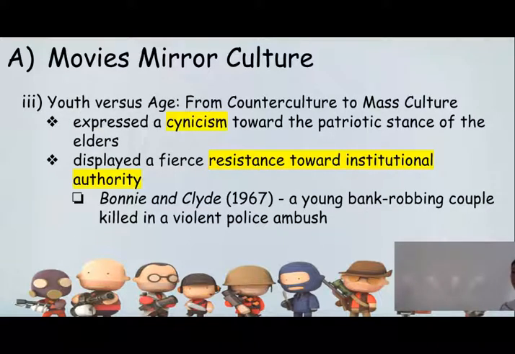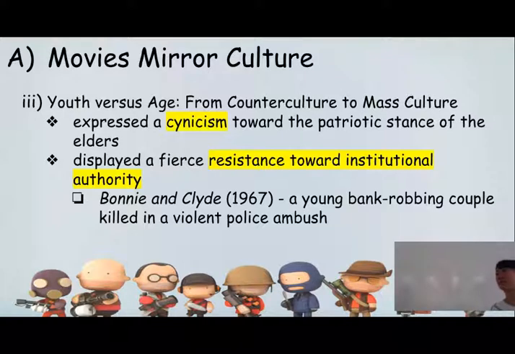Third, how movies mirror youth culture and how it helps it develop from counterculture to mass culture. The movies in the youth culture era express a cynicism toward the patriotic stance of the elders. Cynicism is a belief that people are only motivated by self-interest and not by any unselfish reasons.